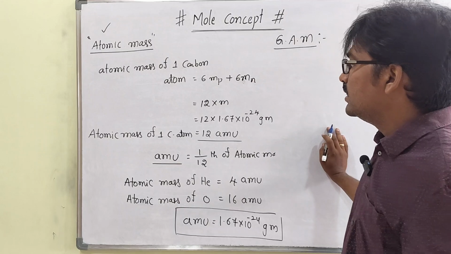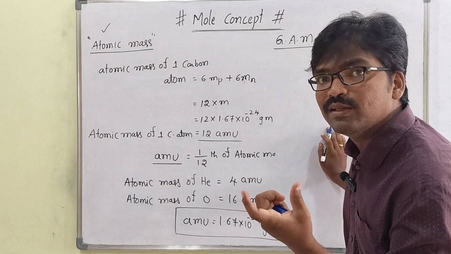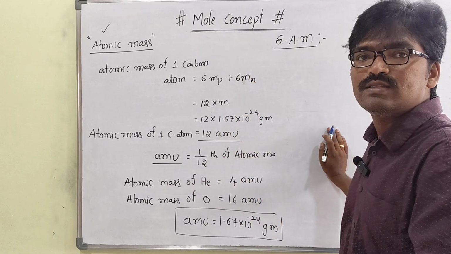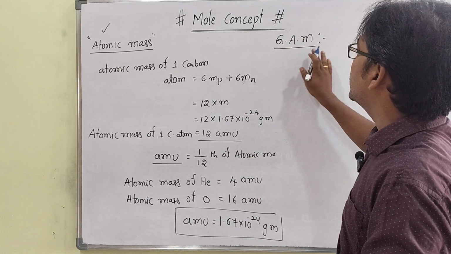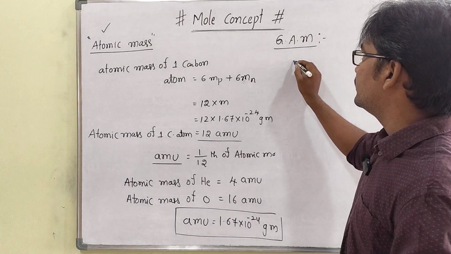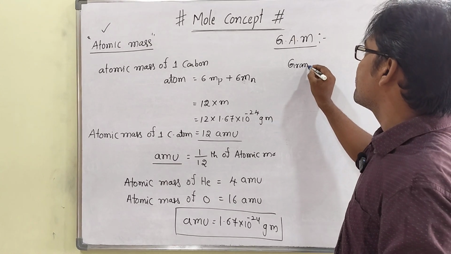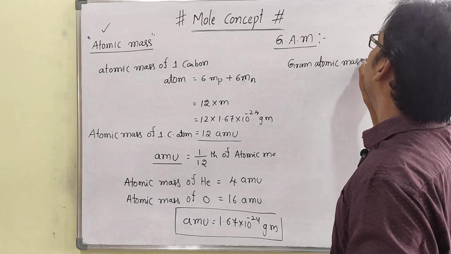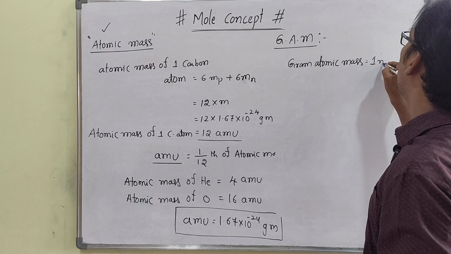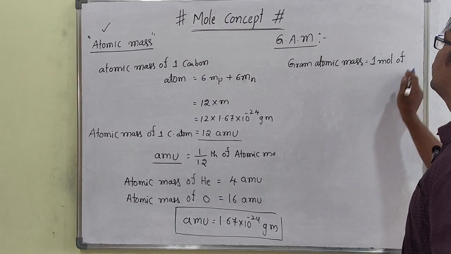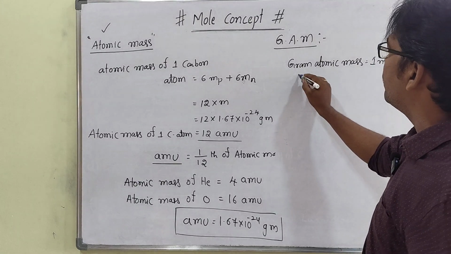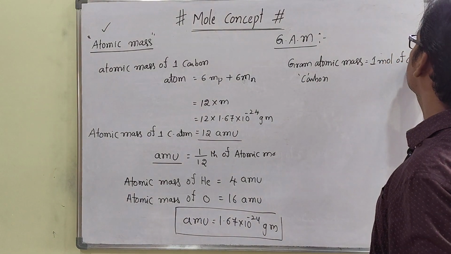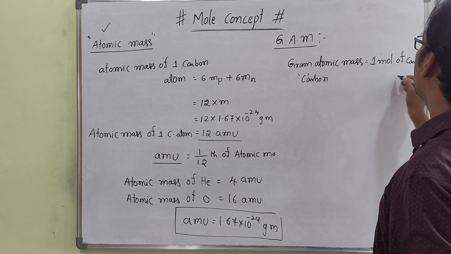But if you take 1 mole of atoms, nothing but Avogadro number of particles, the mass. So gram atomic mass equals 1 mole of, for example, gram atomic mass of carbon. Sir, 1 mole of carbon atoms, carbon mass.